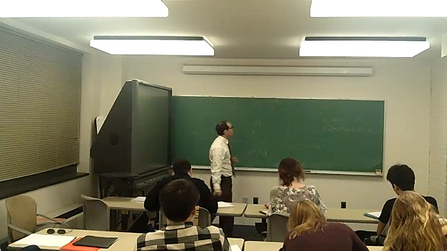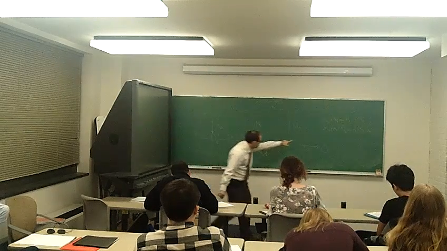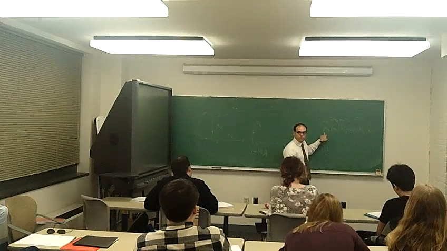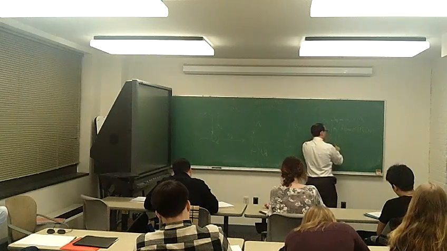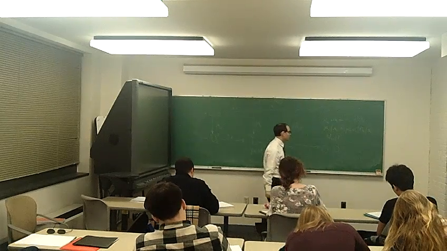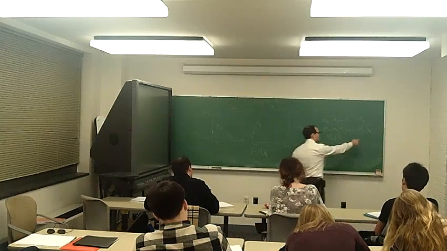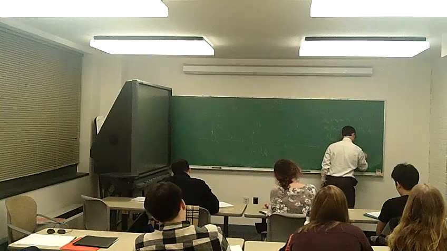Now the left side of this equation: M1 of X is 0, and big M0 is linear. So this is big M0 of 0, which is 0 because big M0 is linear. And I'm calling this guy here Y. So this is saying that N1 of Y is 0.